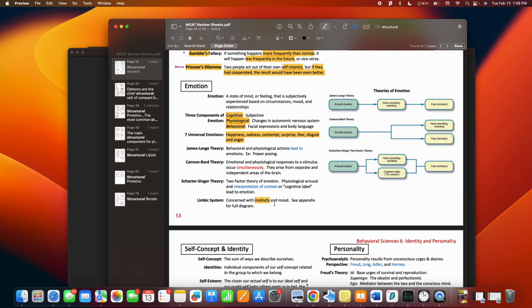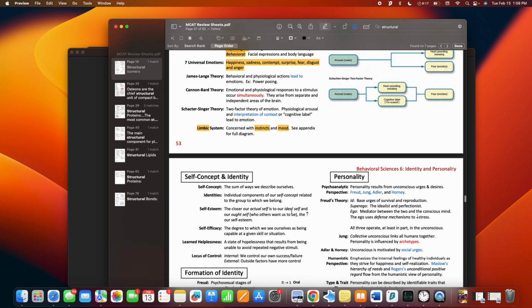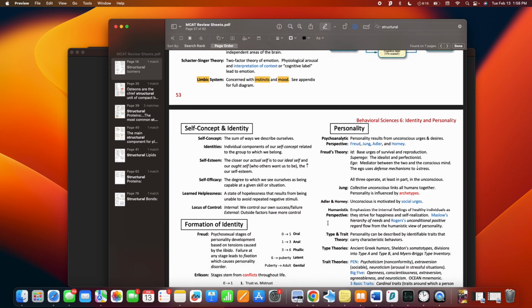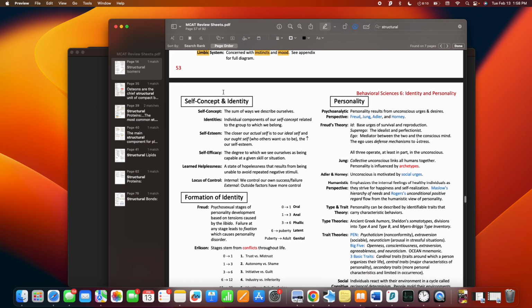Our limbic system is for our instincts and mood. You can look at the diagram for it. Self-concept and identity: the sum of ways we describe ourselves is self-concept.